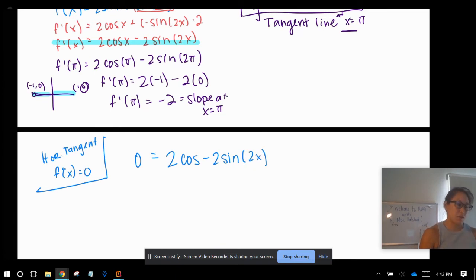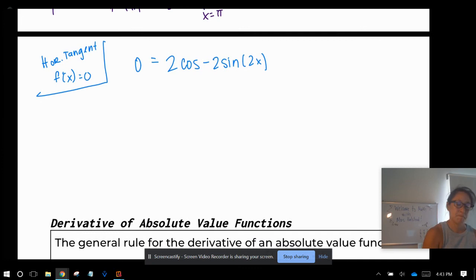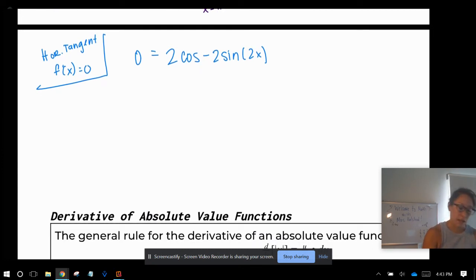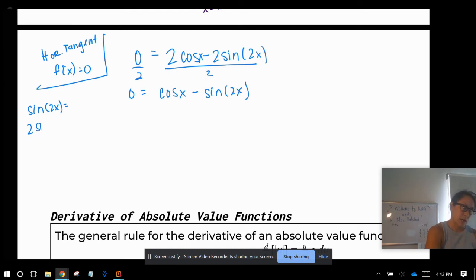And we're going to have to do some algebra. Okay, so I'm going to divide both sides by 2 because that seems fair and easy. So I get the cosine of x minus the sine of 2x. And I remember from trig that the sine of 2x is equal to 2 sine x times the cosine of x.